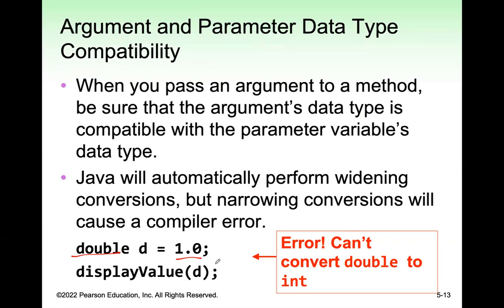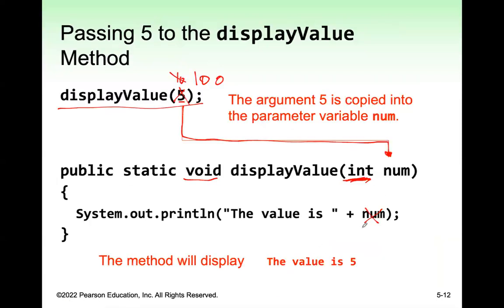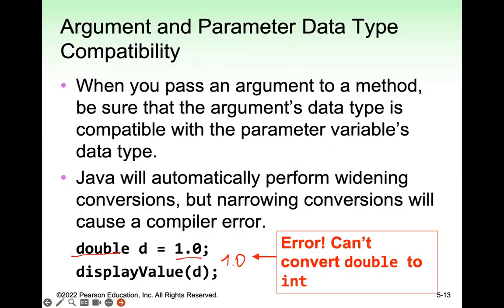In this case, you're trying to send a 1.0, and the program will look at it and say, this is not an integer. It will look back right here, and it will say, no, this method can only accept integers. 1.0 is not an integer, so I will not allow this to continue, and your program will crash. So how do you fix it? It's pretty easy.